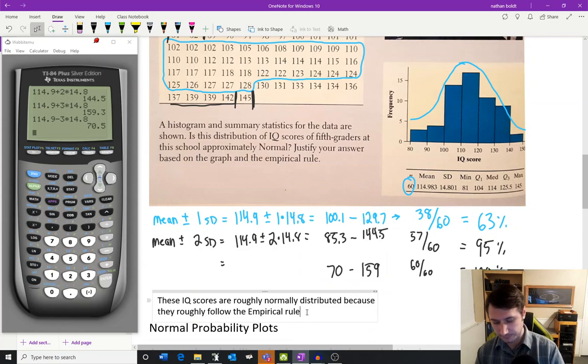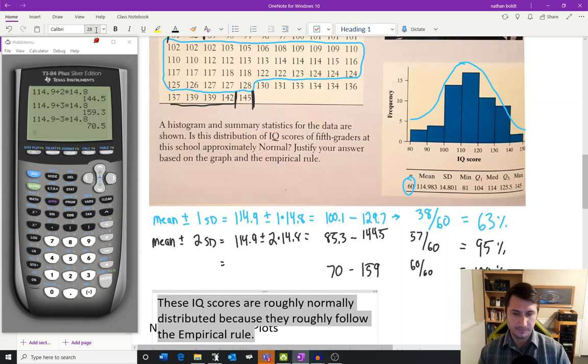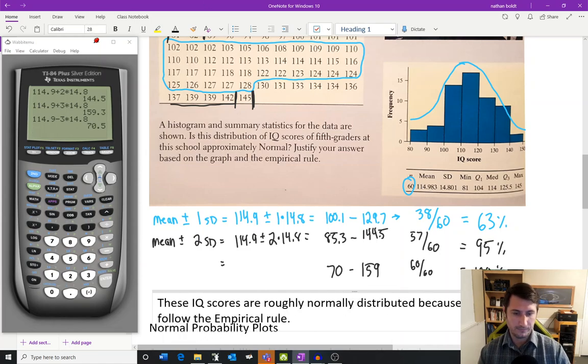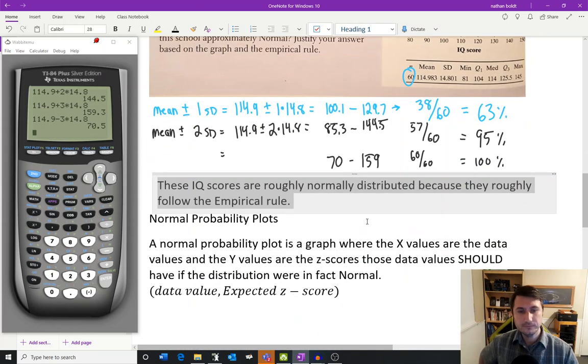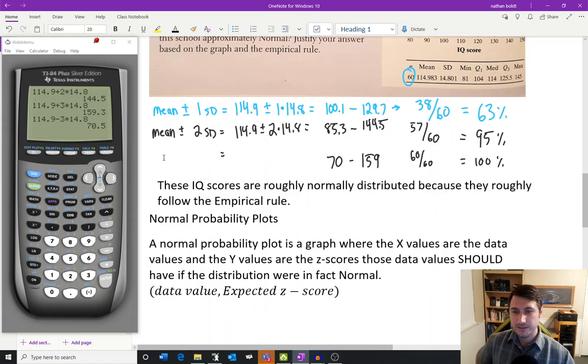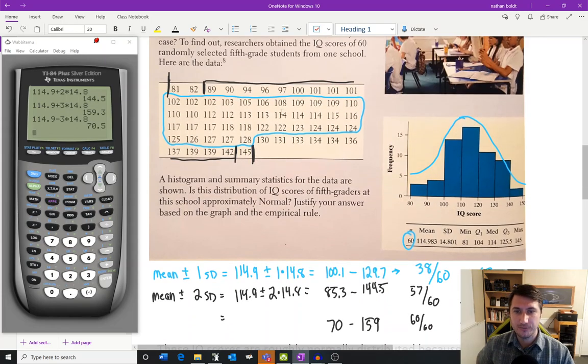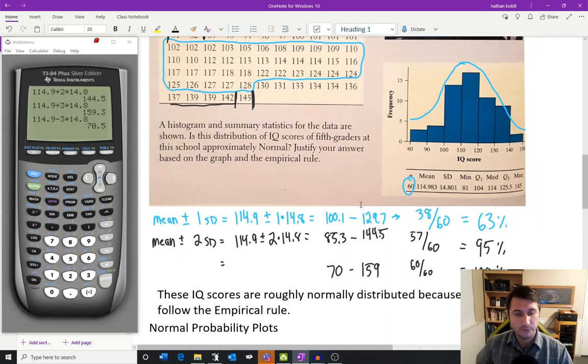There we go. Let's make that a little bit bigger for us. So that's how we can see if some data is roughly normal: does it follow the 68, 95, and 99.7 rule, the empirical rule? You just count the amount of data points in between those intervals by adding standard deviations, and that will show you.